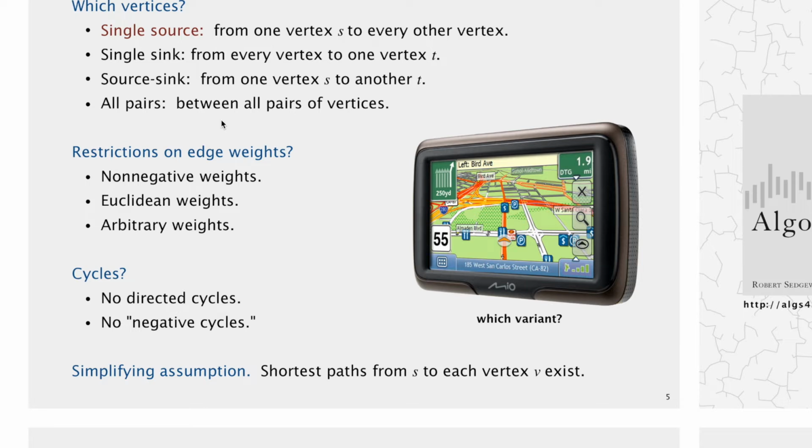In particular, whether the total length of a cycle is negative or not, we'll get to that at the end. So that's the introduction to shortest paths. In the next part we'll talk about the algorithms that we use for computing and finding shortest paths.